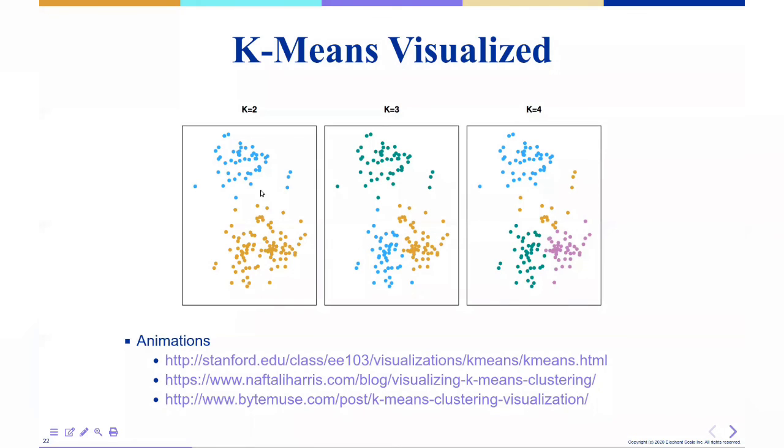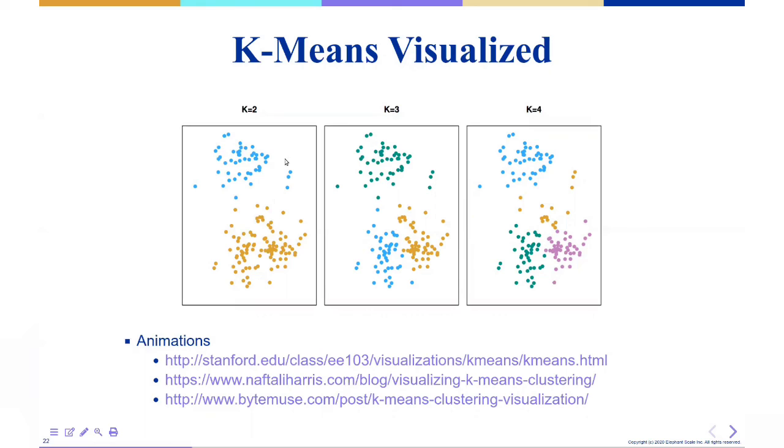So now the task is, I tell you, go find me 2 clusters or 2 groups. So k-means goes and finds 2 groups, and you can sort of see here that the color coding now indicates a group. So there's a blue group and, let's say, a yellow group, right?